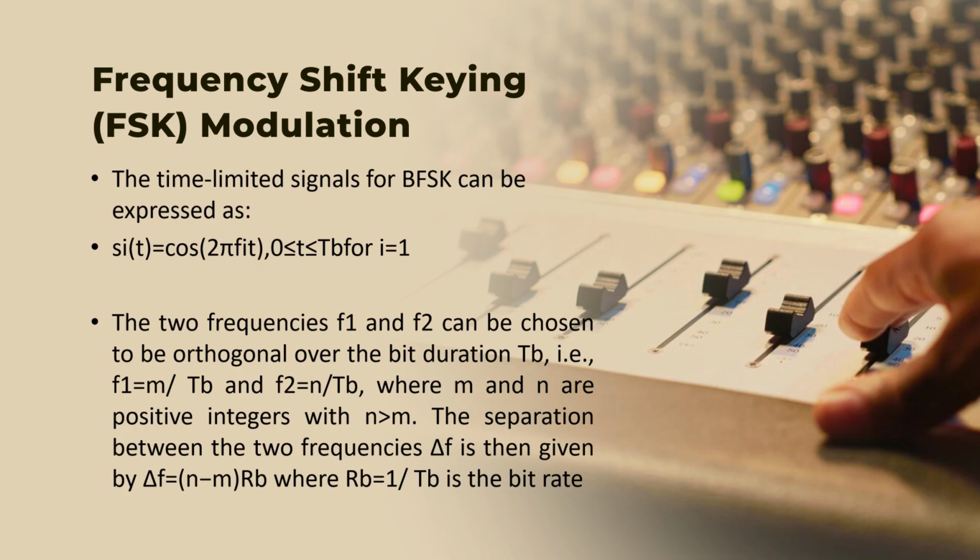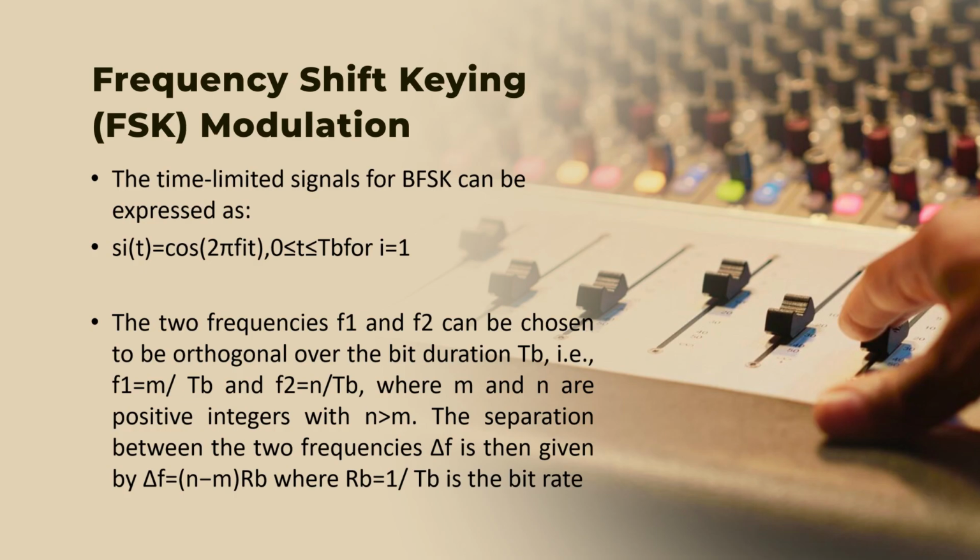The time limited signal for BFSK can be expressed as s(t) = sqrt(2Eb/Tb) cos(2πf t), for 0 ≤ t ≤ Tb. In certain cases, the two frequencies F1, F2 can be chosen to be orthogonal over bit duration Tb.